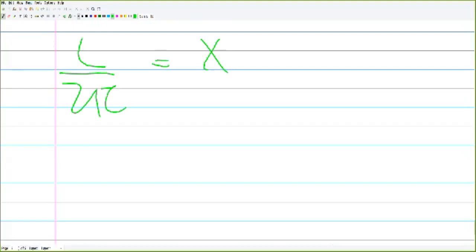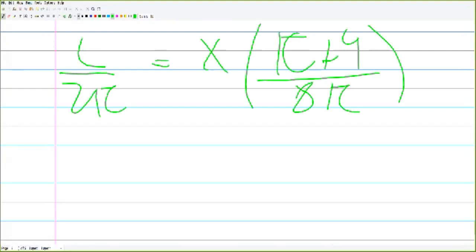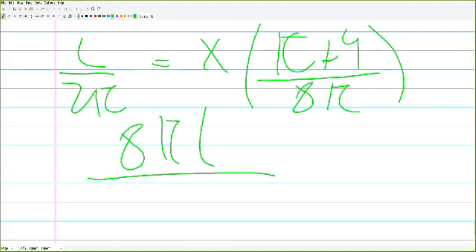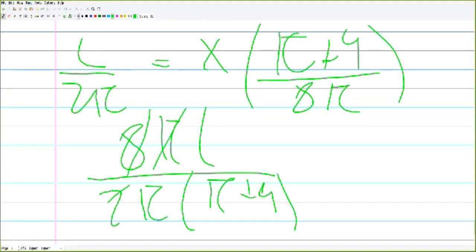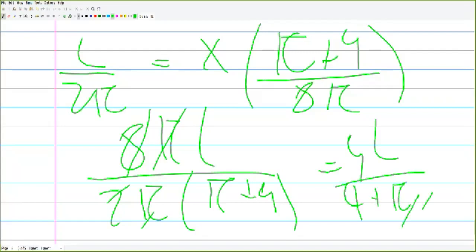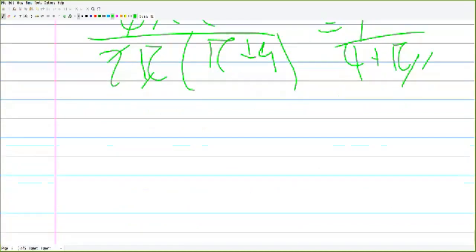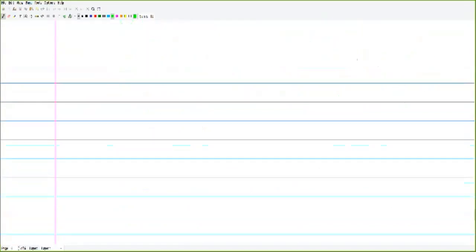That's equal to x over pi, pi plus 4 over 8 pi. And now we multiply 8 pi L over 2 pi factor of pi plus 4. 8 cancels with 2, pi with pi. 4L over 4 plus pi. And here we have the answer. The next exercise, I hope, gets faster.